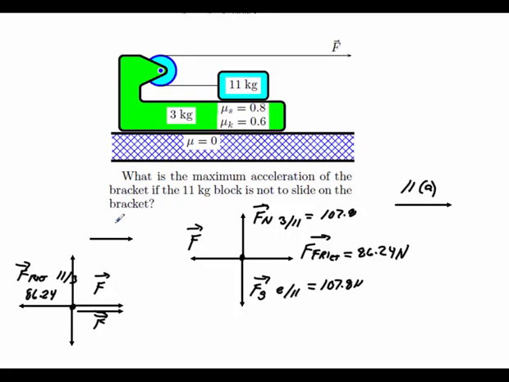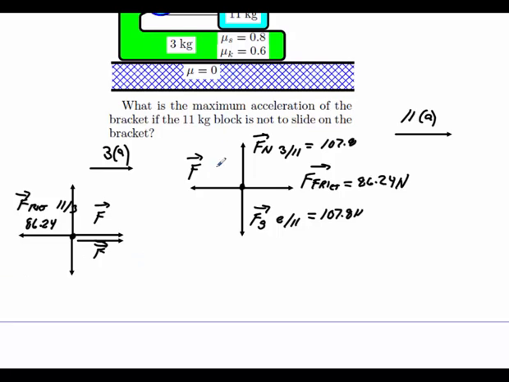This value here is going to be 3a. Okay, so now just write your two equations and you should have this problem. The first equation here is going to be minus F plus 86.24 is equal to 11a.